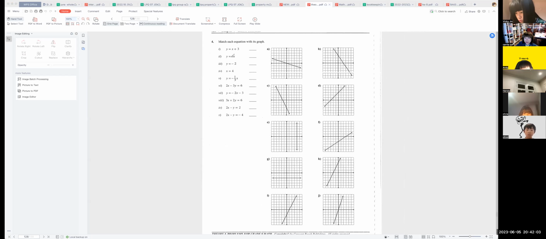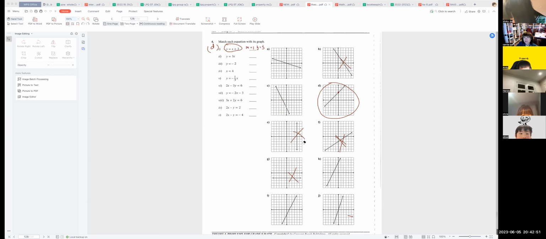Y equals x plus 3, y equals 3x, y equals x. Obviously, m equals 1 and b equals 3, right? First of all, for these ones with m smaller than 0 we don't need to consider them. Only 1, 2, 3, 4 are possible. Then see which one passes through 3. Only this one passes through 3, so the answer is D.